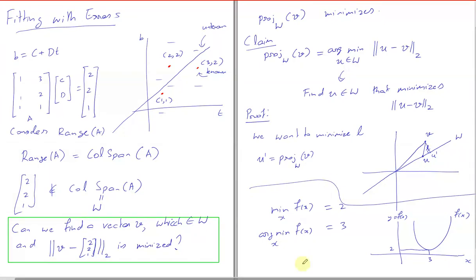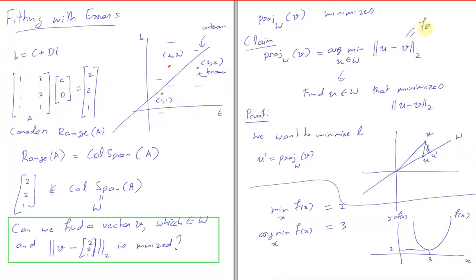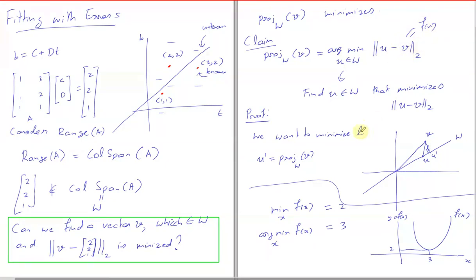It's intuitive what is happening. The same thing is happening here. We want to minimize this function. This is our f of x, so this is actually our f of u. This is a function of u, and v is fixed. We don't want to find the minimum value of this distance. What we want to find is the u which minimizes this. That is the argmin.